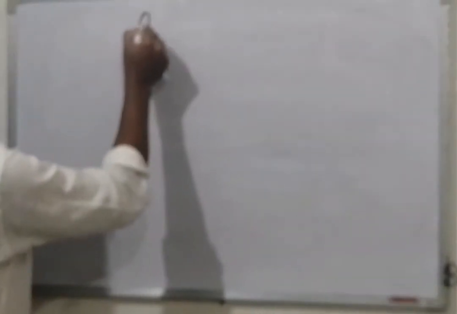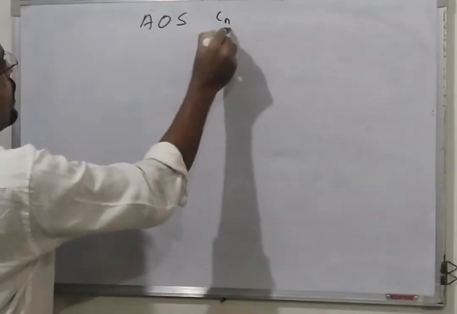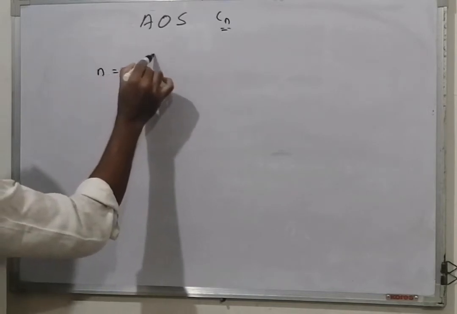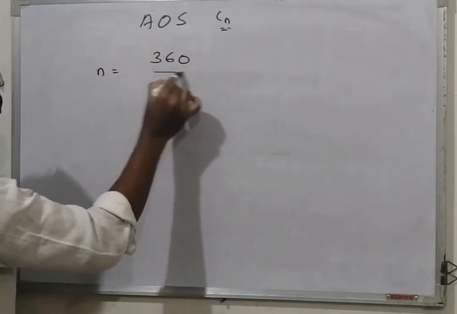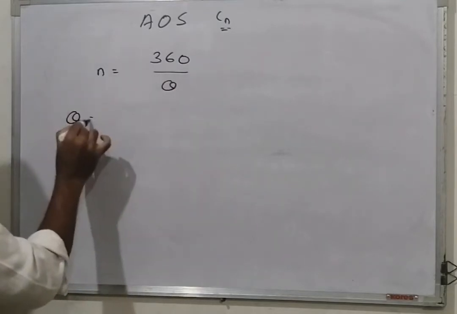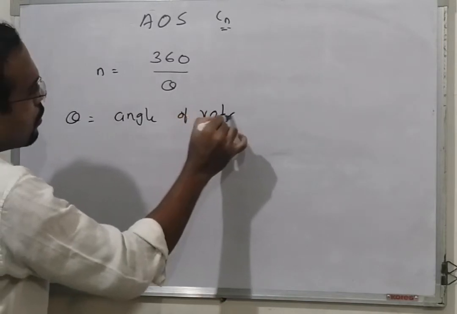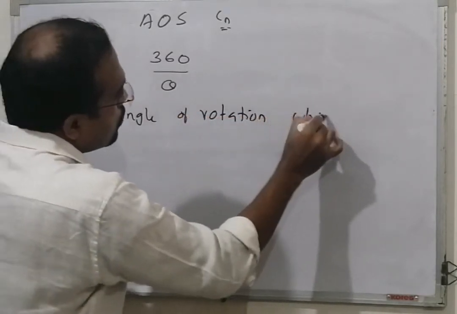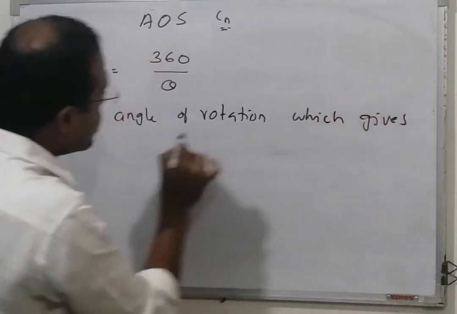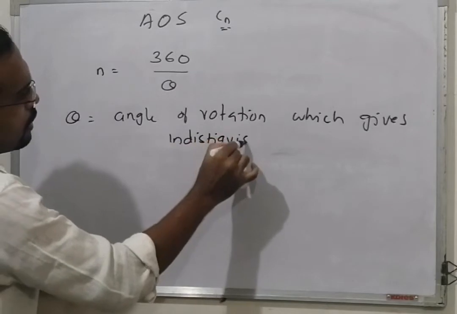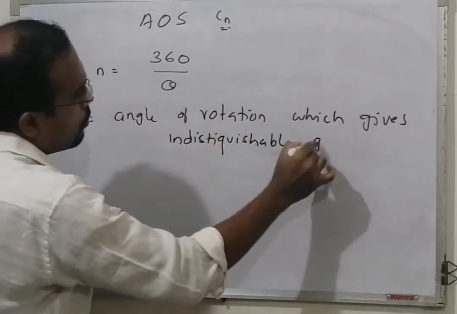That's all. Now, the axis of symmetry is represented by Cn. What is n? n is equal to 360 divided by theta. Theta is the angle of rotation which gives an indistinguishable structure, an indistinguishable geometry.